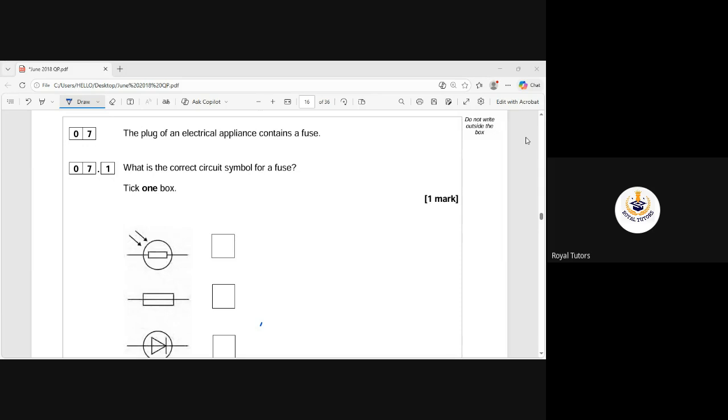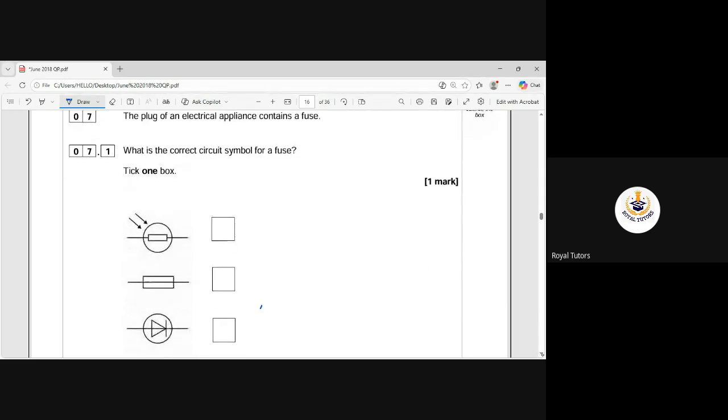So the first question says, the plug of an electrical appliance contains a fuse. What is the correct circuit symbol for a fuse?